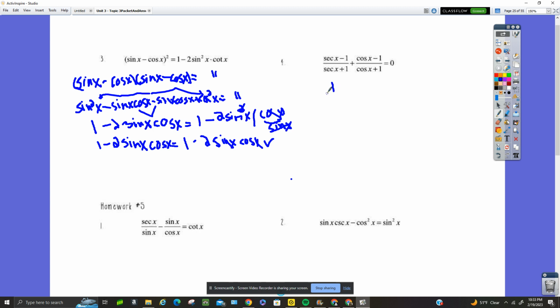Let's make this 1 over cosine x minus 1 and 1 over cosine x plus 1.